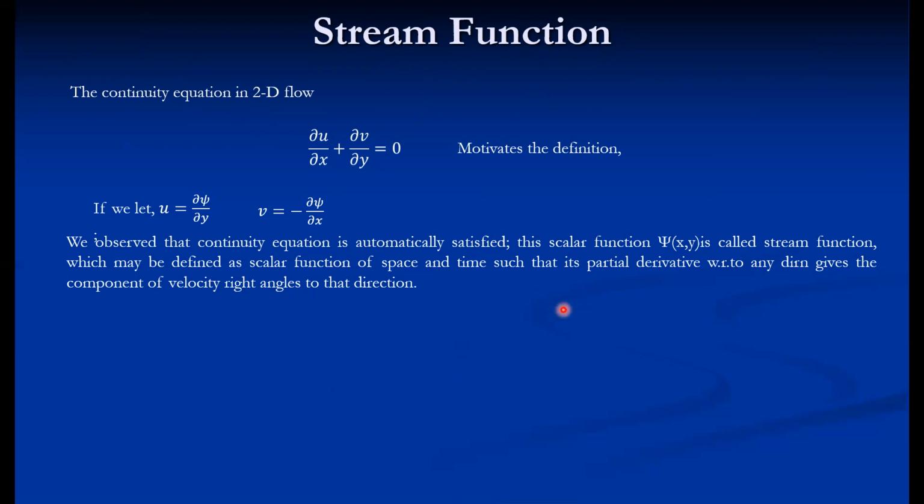If we differentiate along the horizontal, positive x direction, its right angle velocity component is minus v. So only minus v, the minus sign we have considered here. From these two expressions, we can define a stream function as a scalar function of space and time such that its partial derivative with respect to any direction gives the component of velocity at right angle to that direction.